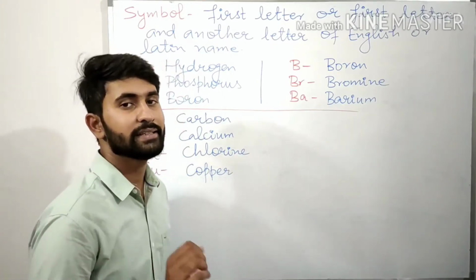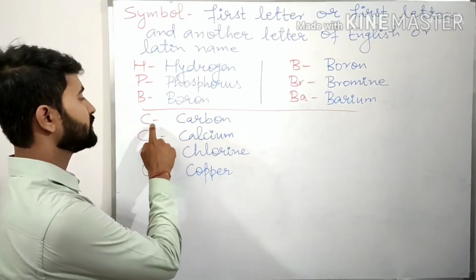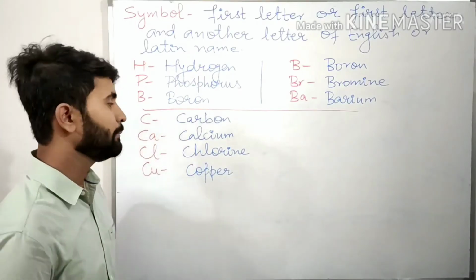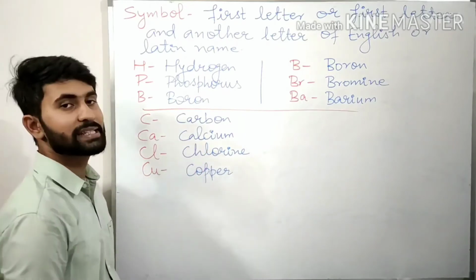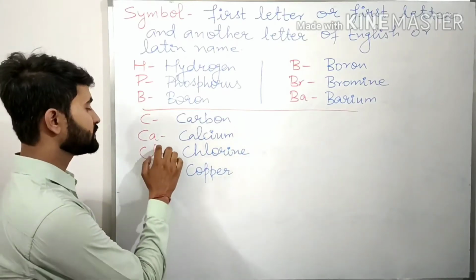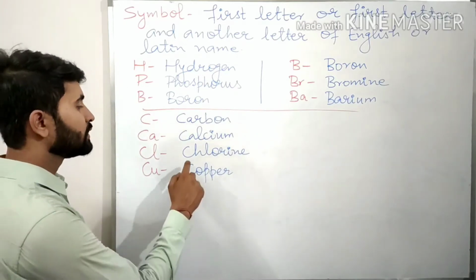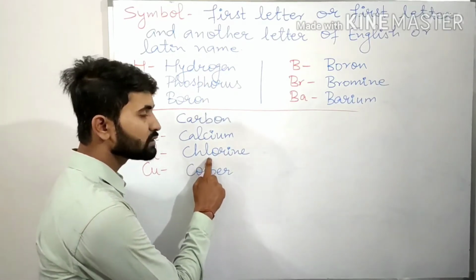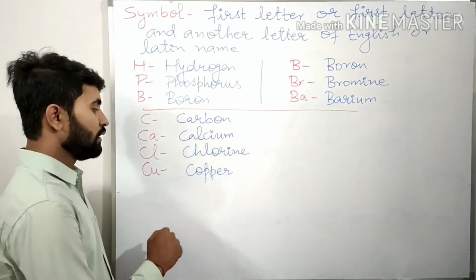As we can see, in some cases the first letter of the name of the element is the symbol, in some the first and the second letter are used, whereas in the case of chlorine the first letter and the third letter are used as the symbol.